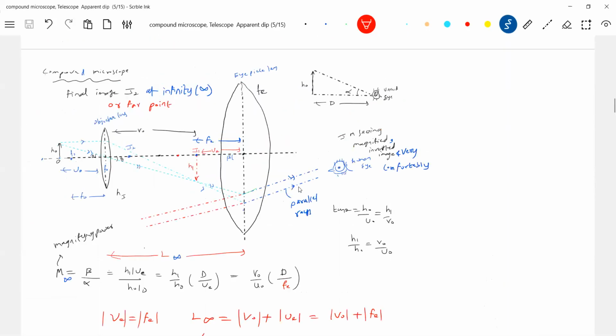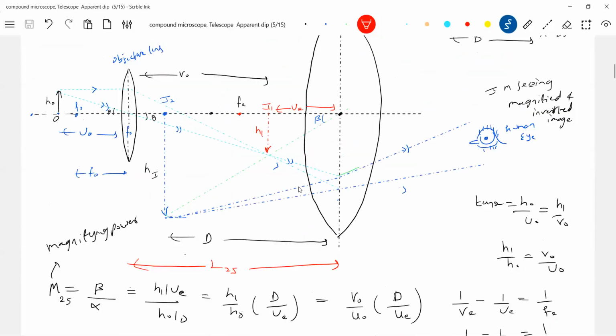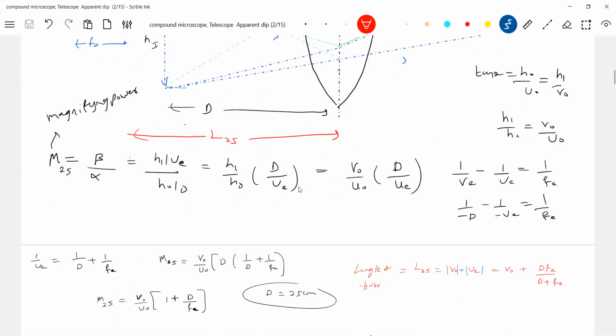So when I'm considering, what is the object now? In the case of a microscope, where do you keep the cockroach or that particular insect? Will you keep it at the moon and then watch? Tell me, you are using a microscope. This is a specimen, no? Where will this insect be?